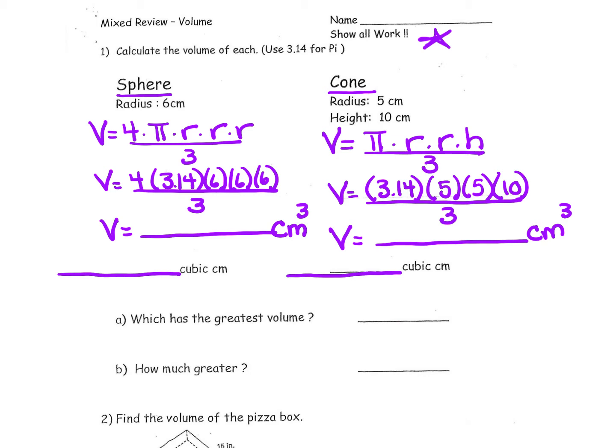Pause the video right now and use your calculator to find the volume of each. Do not turn the video back on until you've come up with the volume on your own, and we'll check it together. Pause your video now.